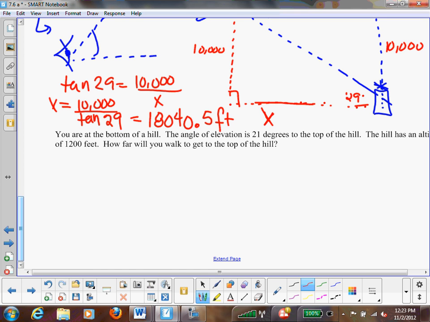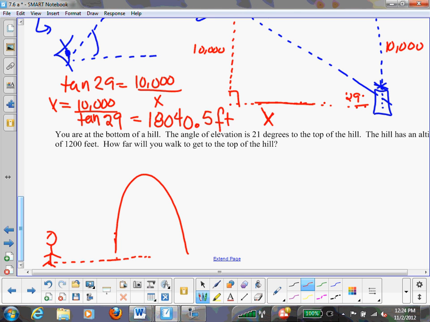Okay. All right, here we go. You are at the bottom of a hill. Here's my hill. All right. The whole idea is always to draw and form a right triangle.